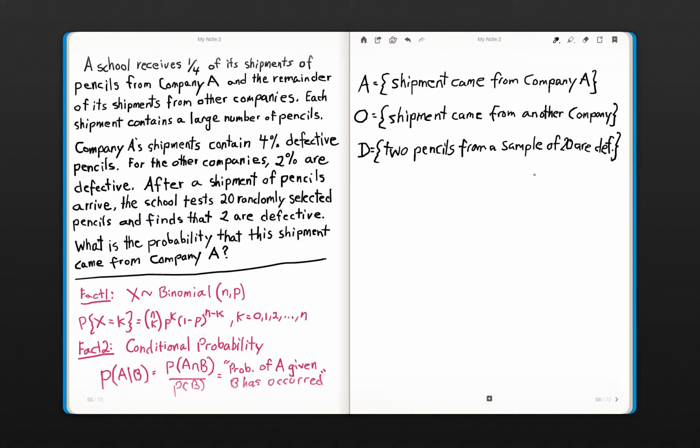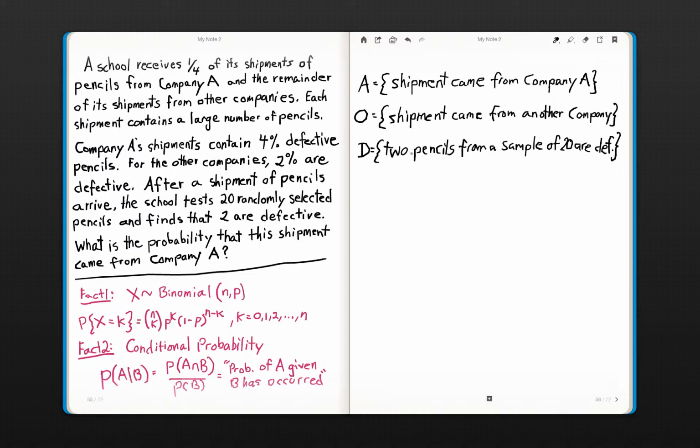What we're looking for here is, again, we observe 2 defective pencils out of a sample of 20, and what's the probability that the shipment came from A? It could come from A or from another company, right?